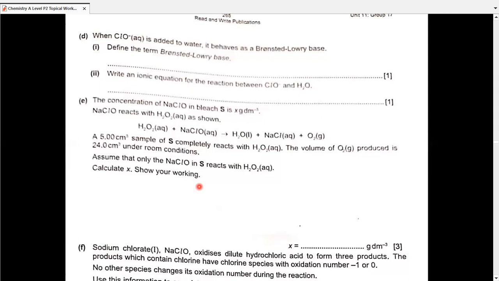Okay. So ClO negative plus H2O gives us HClO as a base.